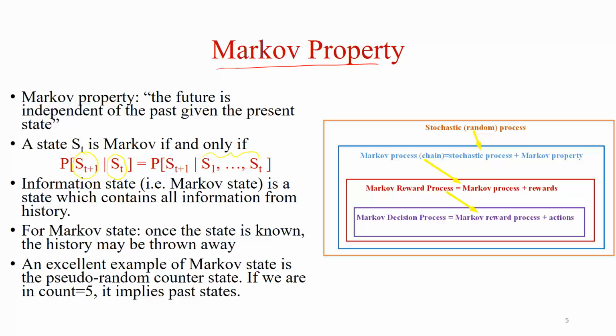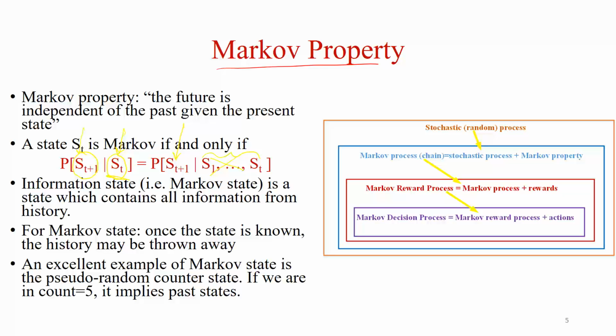So here, the probability of the next state given the present state is equal to the probability of the next state given the history of all states, including the present state. So the idea is that you don't need the history. The only thing you need is the present state.